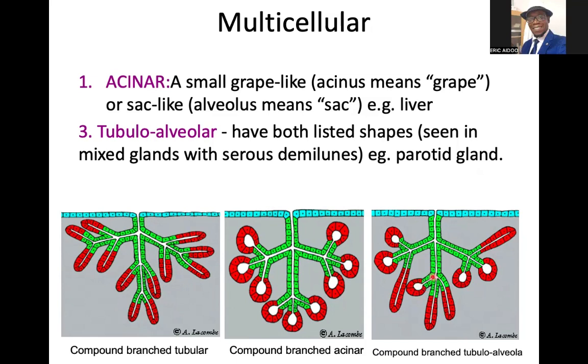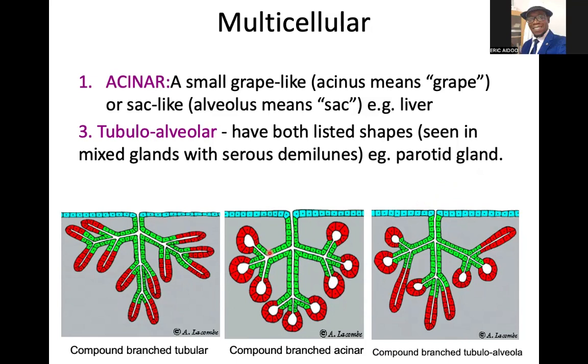I gave an example of this when we were looking at the very first slide, which had the substance being released into the mouth. I use that as an example.